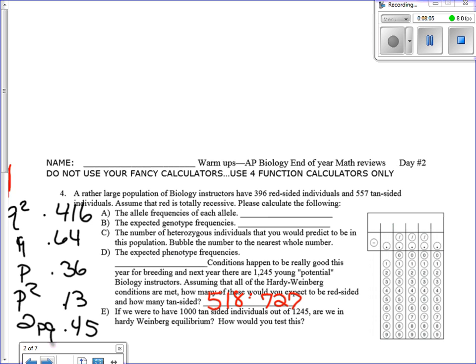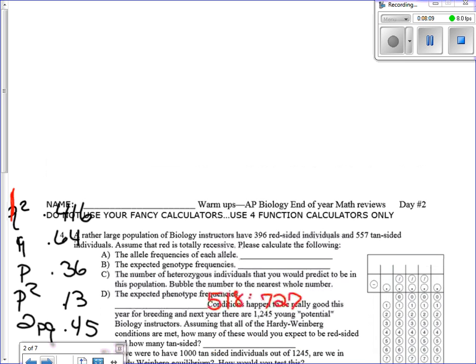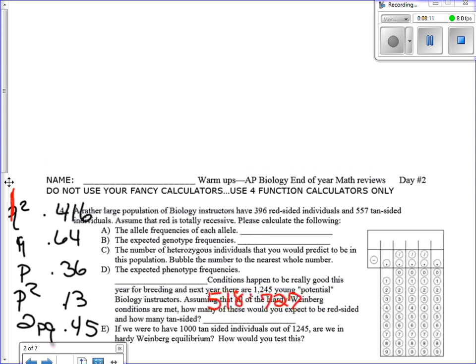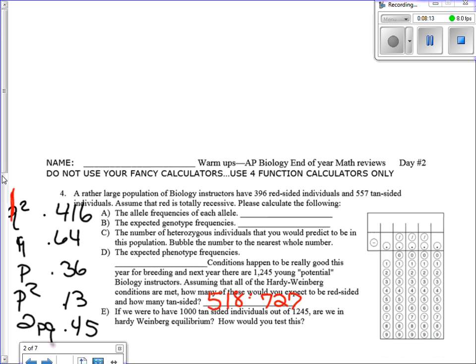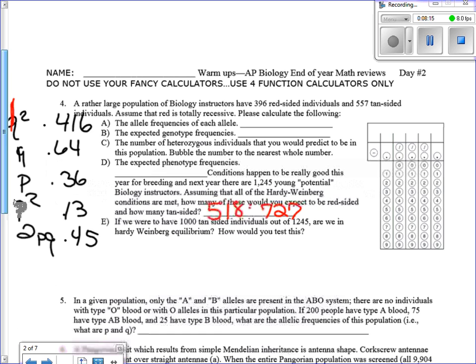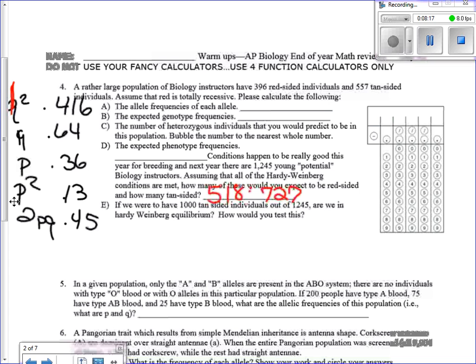We've got to find out how many. Ahmad, you're losing points in class. You're right. So how do I figure this out? The observed and expected. Well, okay.